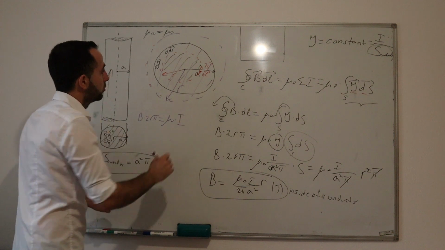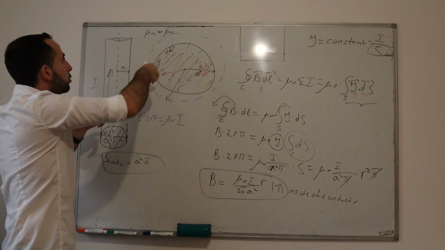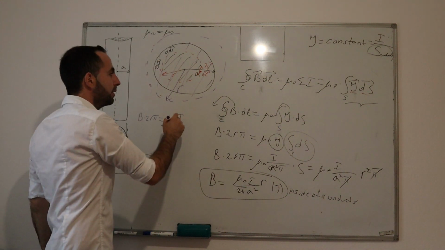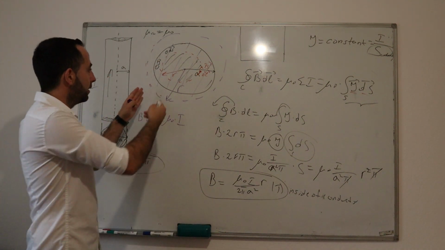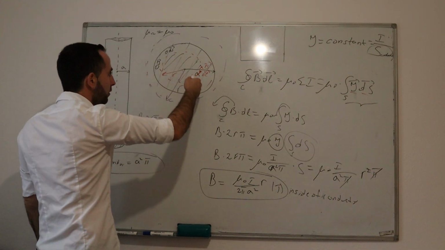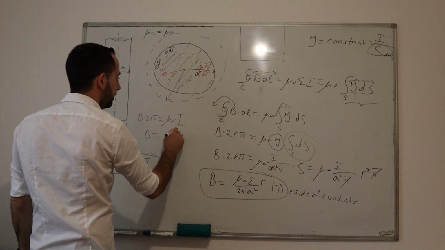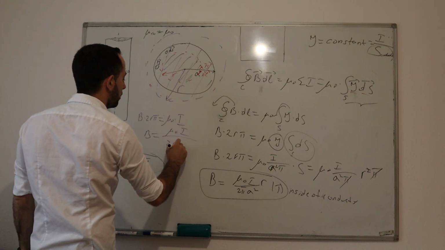So we can choose what current is inside our closed contour. Well, it is the total current I. We don't need to use current density, because here it is the total current I, and because it is uniform, it's inside. So we write that outside is mu0 I over 2 pi r.